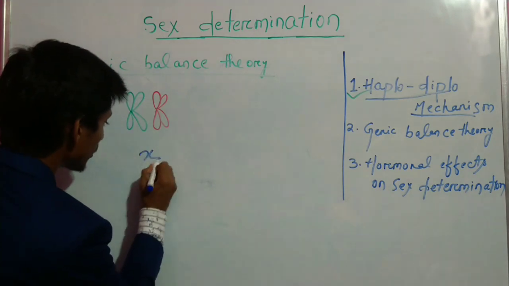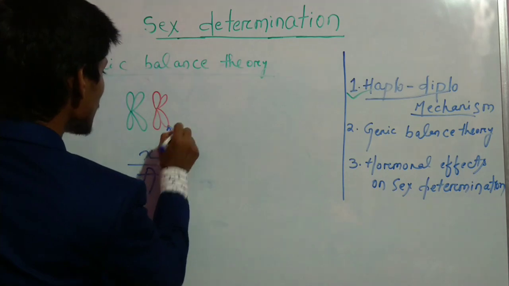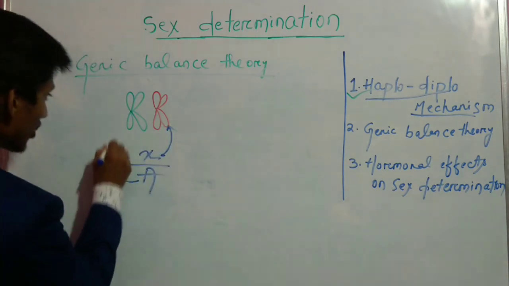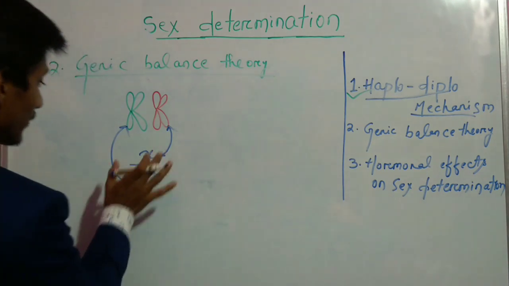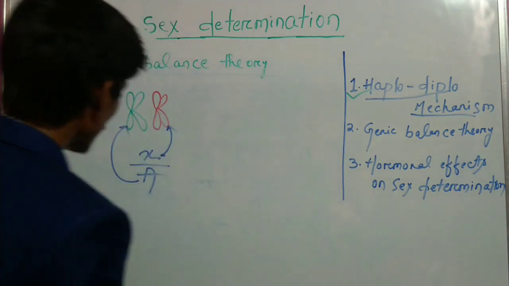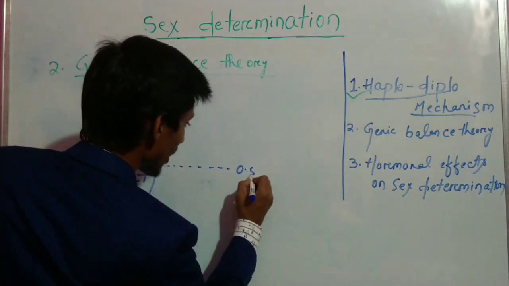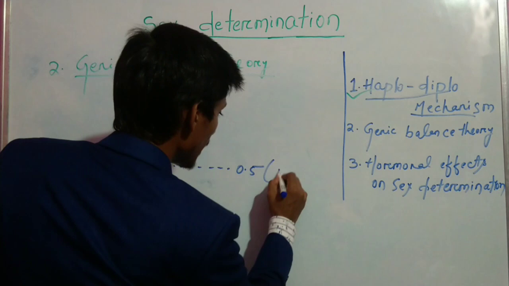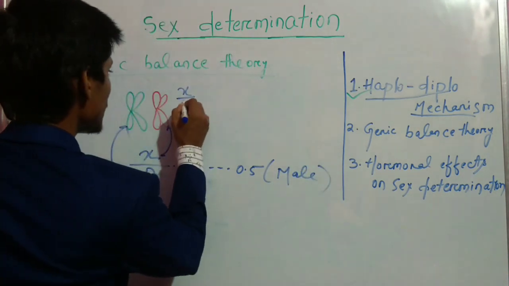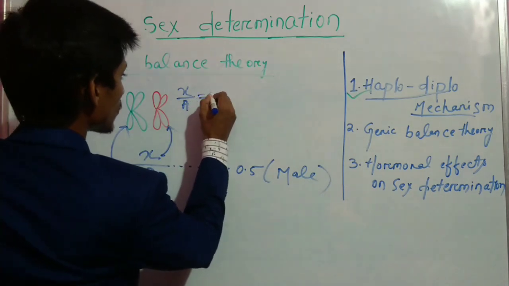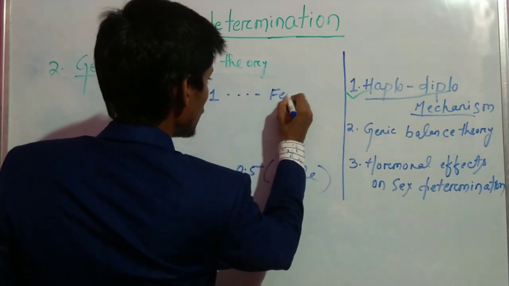That ratio is the X by A ratio, where X is the number of sex chromosomes and A is the number of sets of autosomes. So how to know what will be the sex of a drosophila? If this X by A ratio is 0.5, it will become a male, and if this X by A ratio is 1, then it will become female.